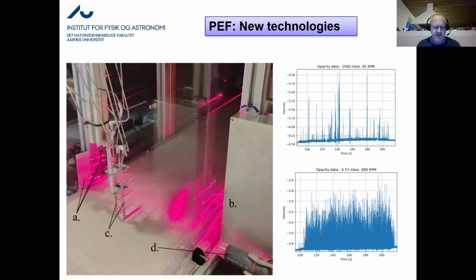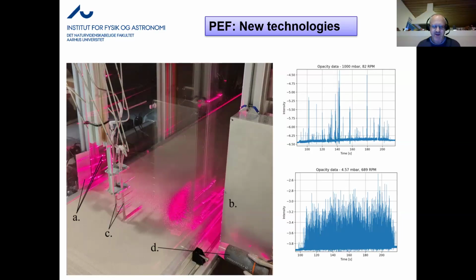Yeah, so this is a recent photo showing a newly developed pitot tube array and what we call our opacity array system. Essentially, the opacity array system consists of a series of eight laser sheets, which we shine from one side of the wind tunnel, and then there are a series of photodetectors, one for each laser sheet.